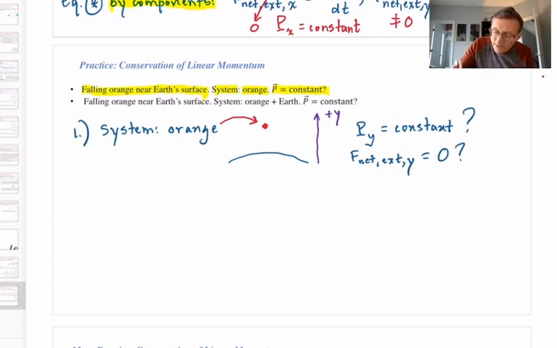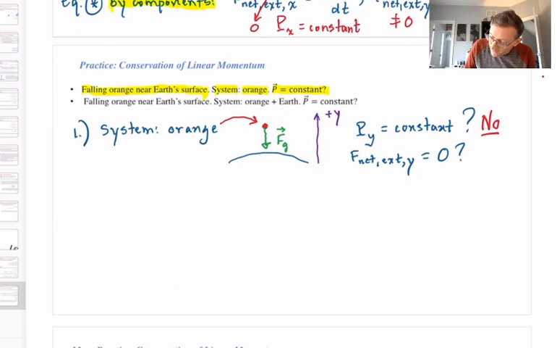Well, I'm pretty sure the answer is no. Why? Because there is an external force in the y direction on the orange, F grav. And why is it external? Because Earth is not part of the system. So a force from Earth is an external force. And so the answer to the question, is P sub y equal to a constant? No.